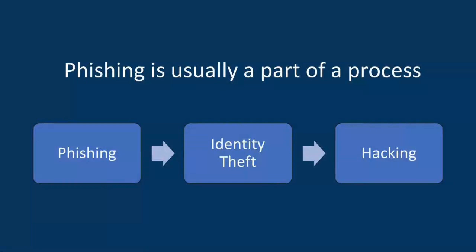So it always leads to hacking, because technically, by the word of the law, if you have someone's user ID and password, even though you can get in because you have authorization, it's not you. So you're still hacking in. If you were caught doing this process, then you could have charges of identity theft and hacking brought upon you. So it's usually a part of a system.